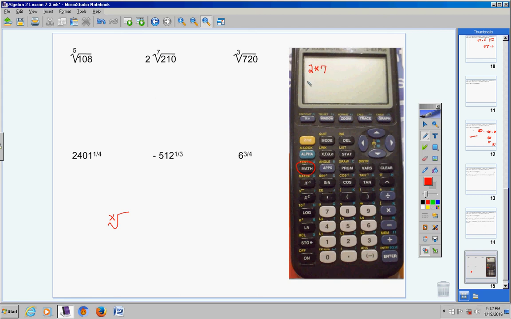And then hit math, option 5. And when you do this, it'll pop up right here, of course. So what you've told the computer is you have 2 times the 7th root of 210. Hit enter. And you will get 4.2931. Of course, I'm rounding these off.